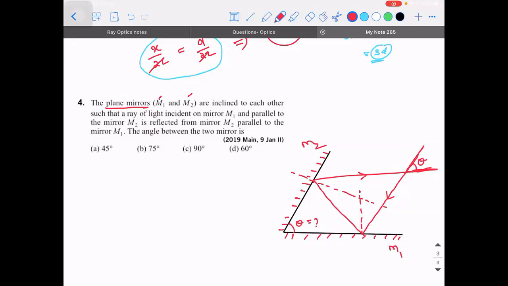If this is theta, this angle is vertically opposite, so this is also theta. If I complete a triangle, then this angle is 90 minus theta and this angle is theta. Similarly, if this is 90 minus theta, this angle will also be 90 minus theta according to the principle of reflection, and this will be theta.